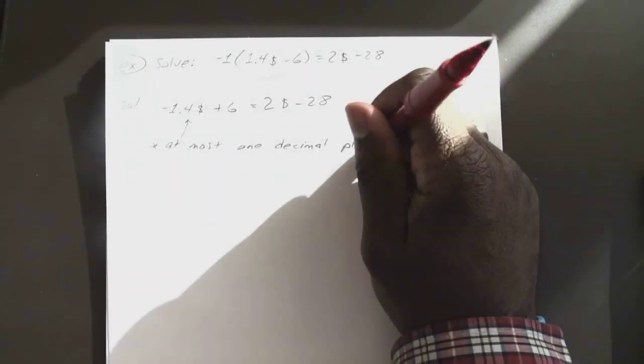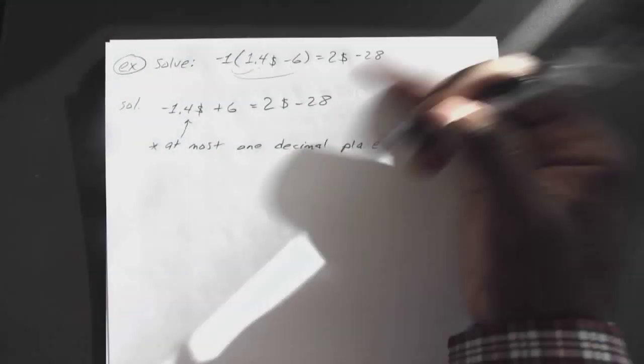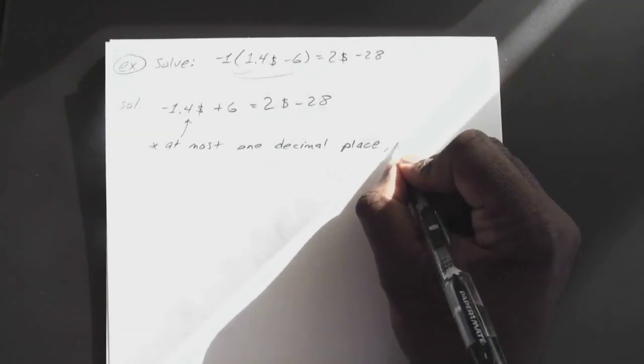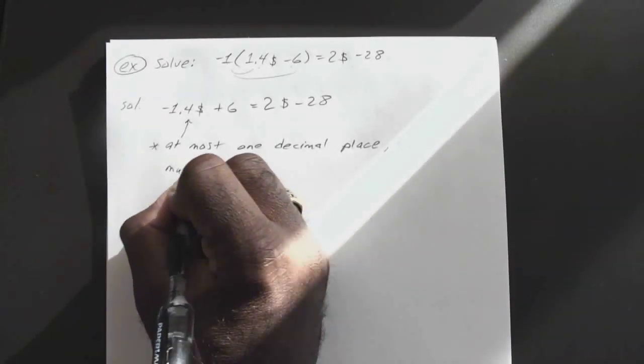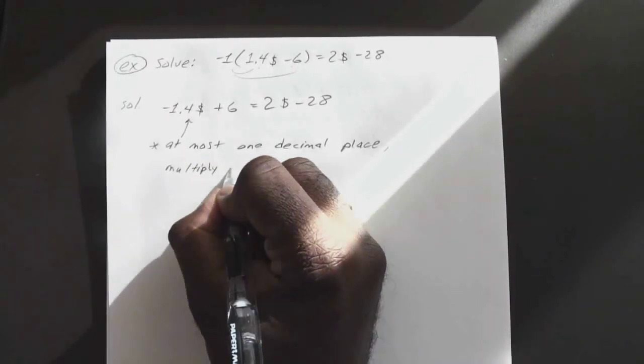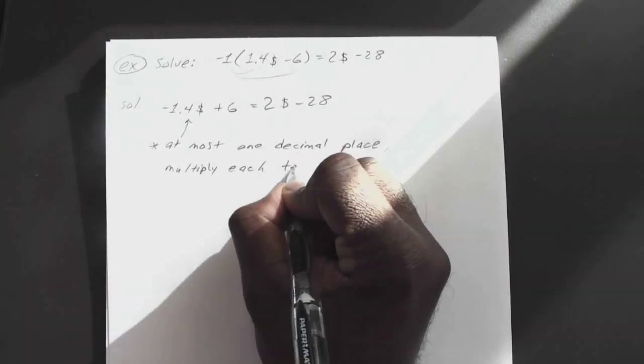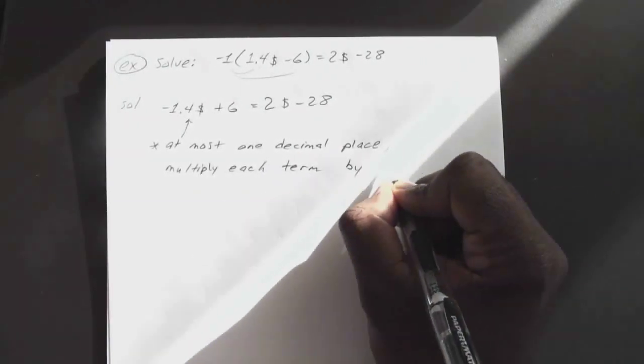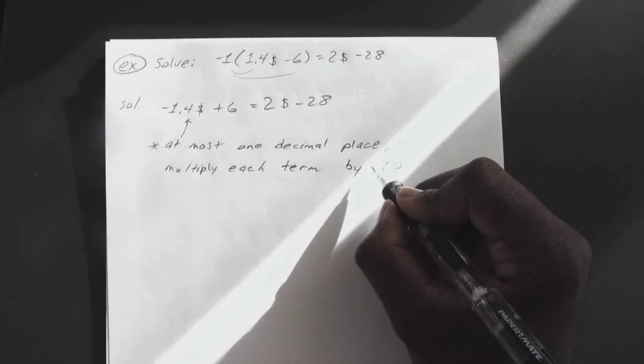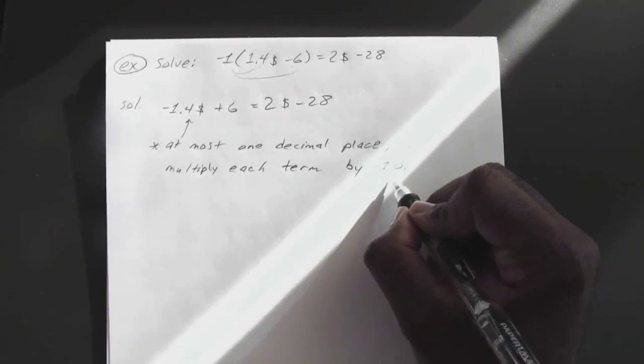That looks a little bit messy. So multiply each term by 10. Since it's just 10.